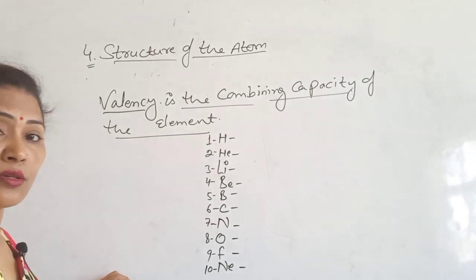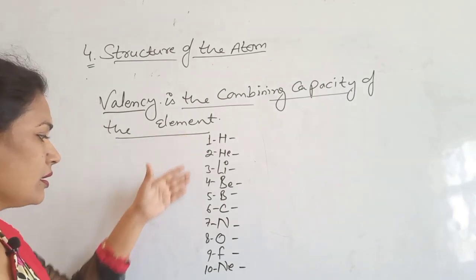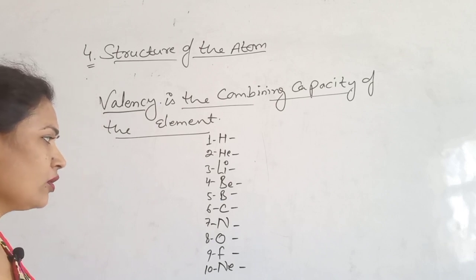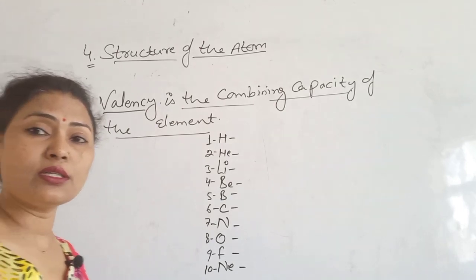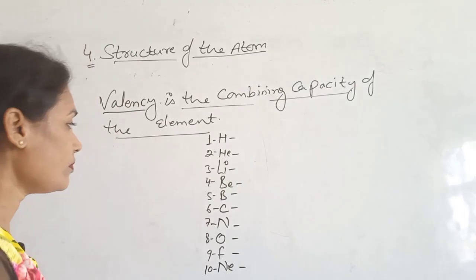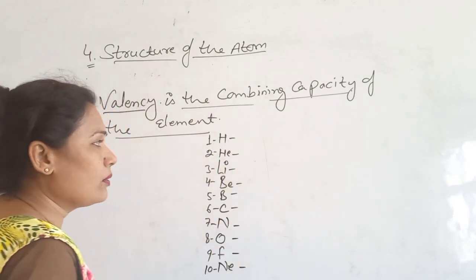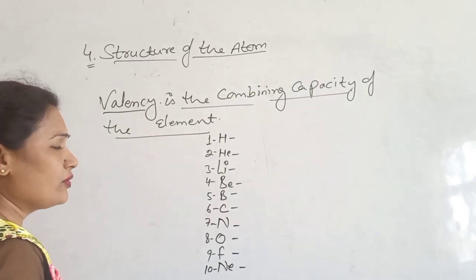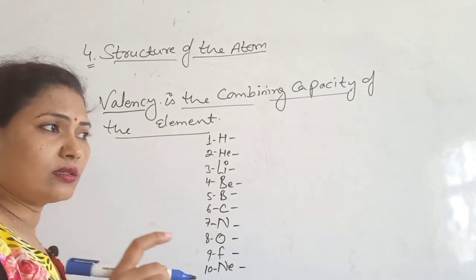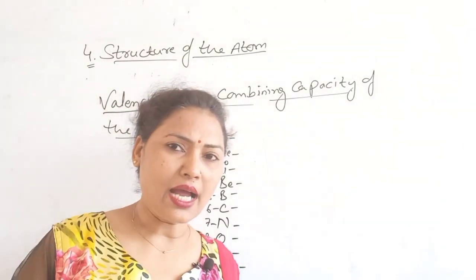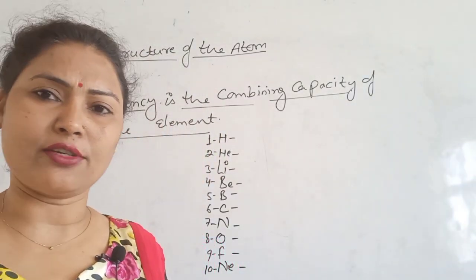Okay. So these are the elements with atomic numbers 1 to 10. And according to the atomic number we can write the electronic configuration, and the electron which is present in the outermost shell is known as valence electron.